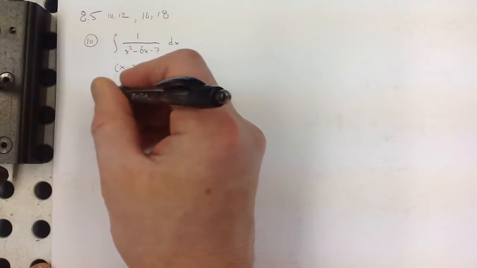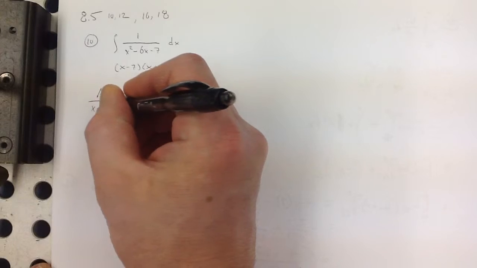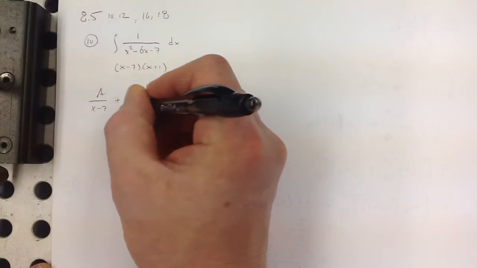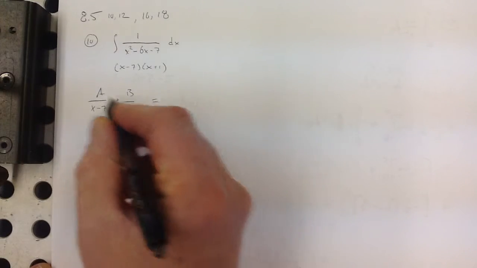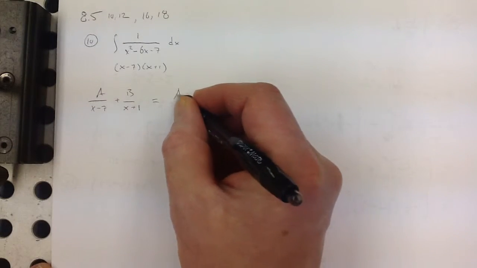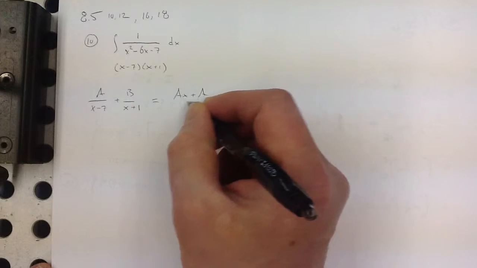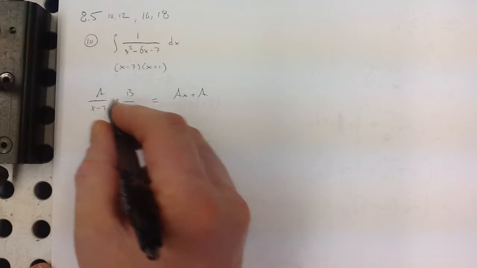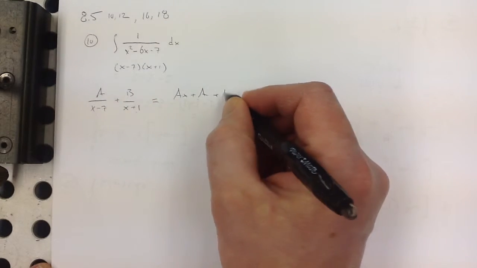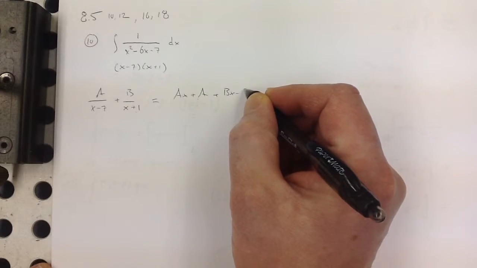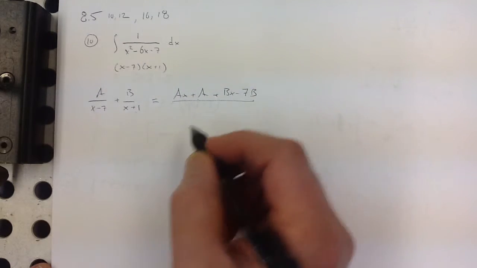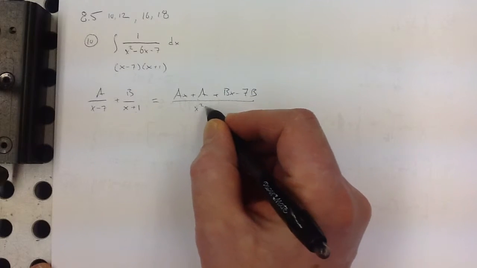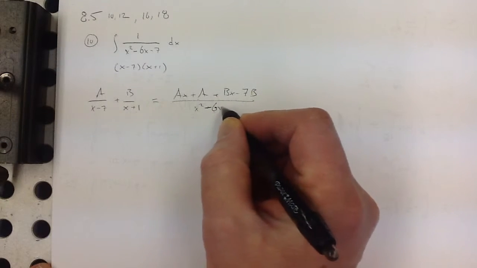So that means that a over x minus 7 plus b over x plus 1 is somehow going to be equal to this. Now if I do my little algebra 2 thing here, this would have to multiply to here. Bx minus 7b would have to multiply to here, all over my common denominator of x squared minus 6x minus 7.